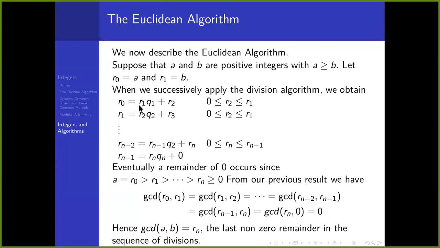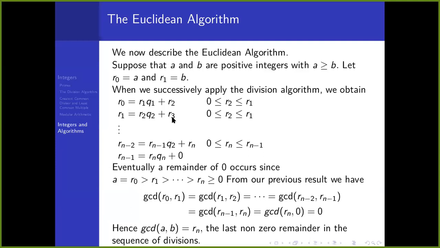After that, since we know that the GCD of R0 and R1 is the same as the GCD of R1 and R2, we now apply the same process to R1 and R2. So R1 is equal to R2 Q2 plus R3. Again, it's the same idea. Since we know that the GCD of R1 and R2 is the same as the GCD of R2 and R3, we now apply that process to R2 and R3.